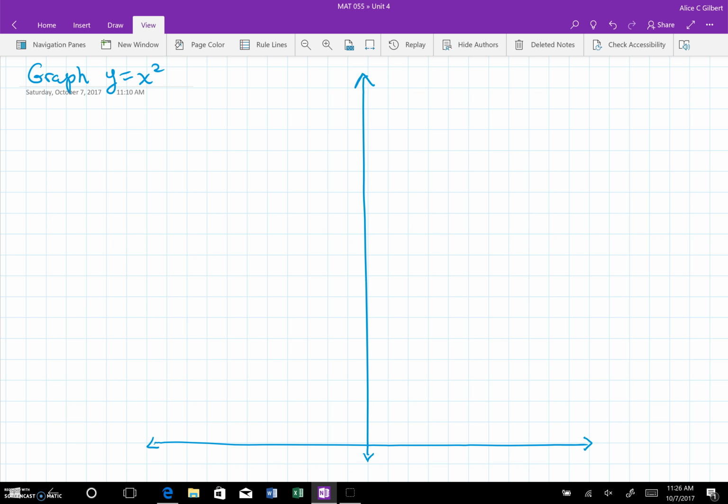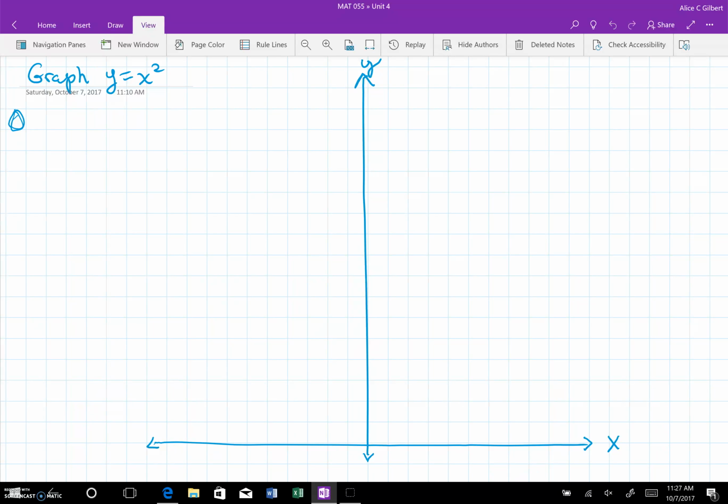That means that that line is continuing in that direction forever. We are always going to label our x-axis right out to the right and our y-axis up at the very top. If you do not do these things, I will take off points. Please put your graphs in the middle of the paper. And if you have your holes over here, put your number of the problem somewhere in here. Otherwise, I won't be able to see it.